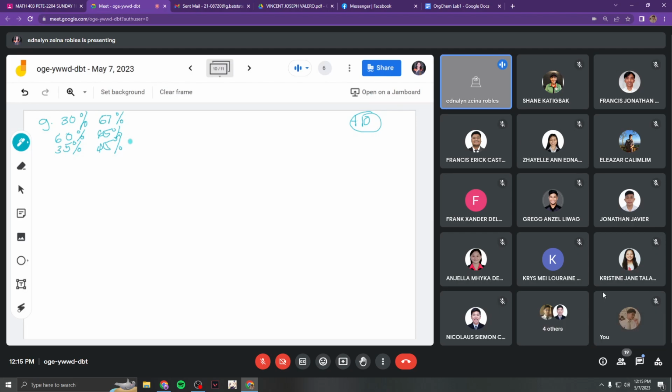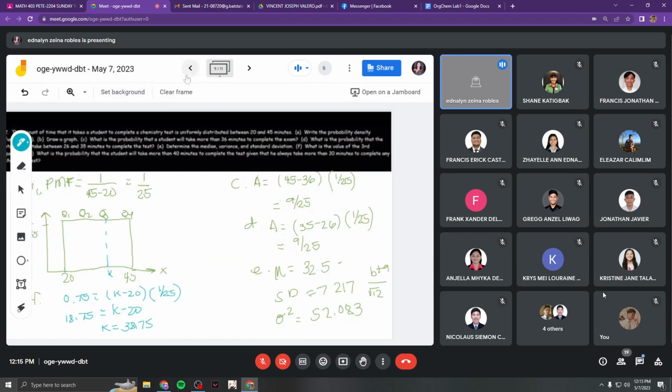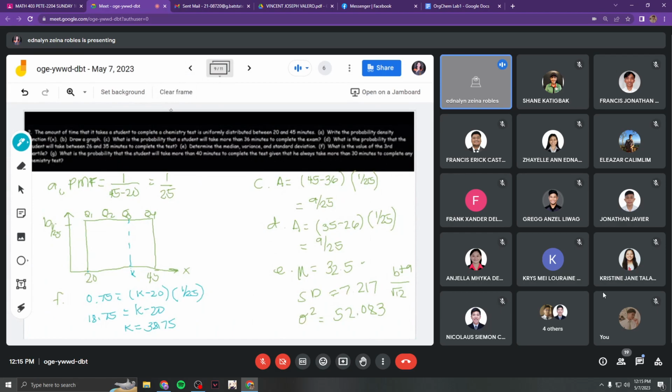Let's try solving the problem and let's see kung sino dito sa mga nagsagot yung makakakuha ng plus 10 on the final. So the question is: what is the probability that the student will take more than 40 minutes to complete the test given that he always takes more than 30 minutes?